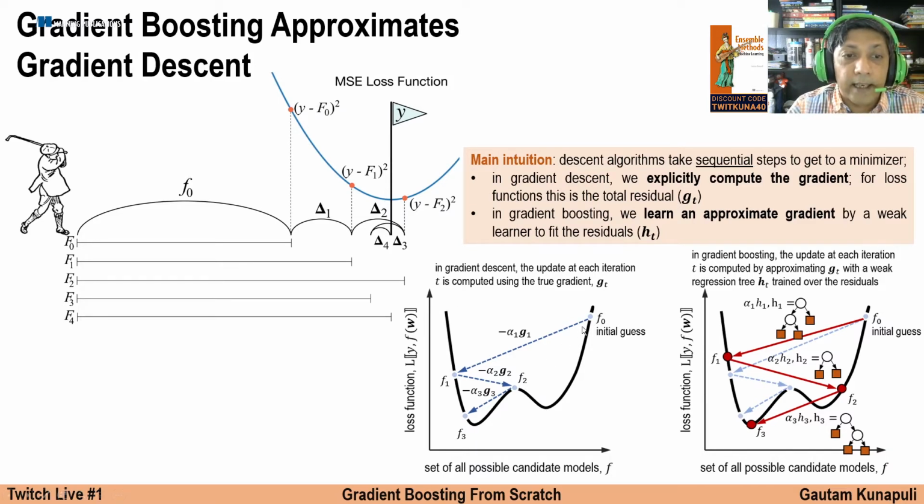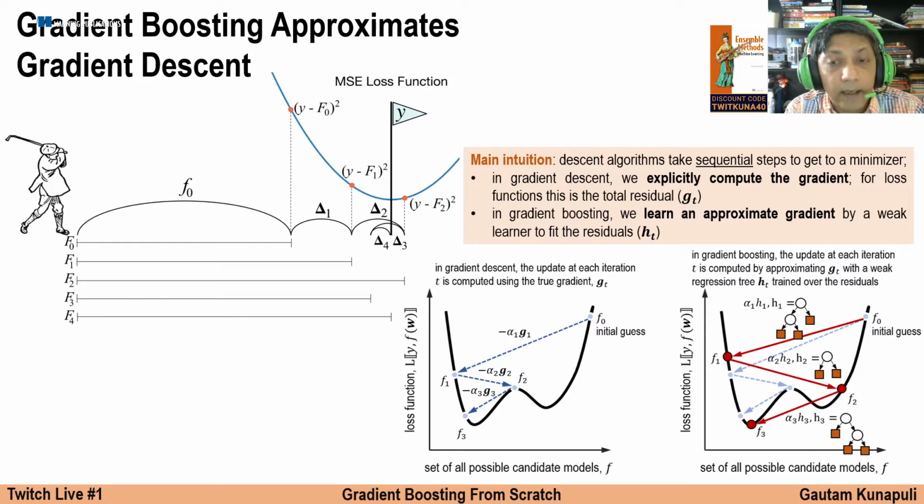So in this case, the negative gradient looks in this direction, you move in that direction, and then you get to your next iterate, which is your function f1. Then you compute the gradient there, move in the opposite direction to the gradient, and continue to descend. That gets you to f2, and then you carry on to f3, and so on until you converge. This is how gradient descent works. It's a classical optimization algorithm.